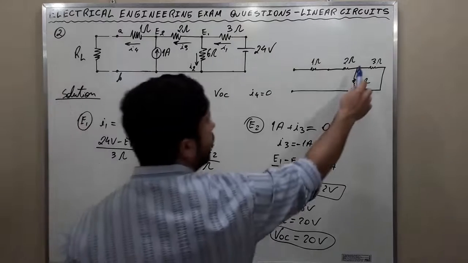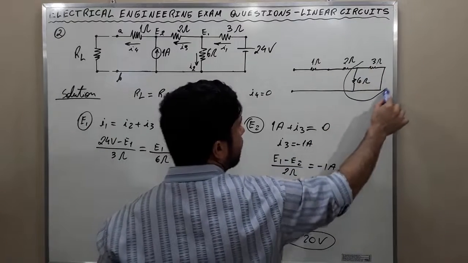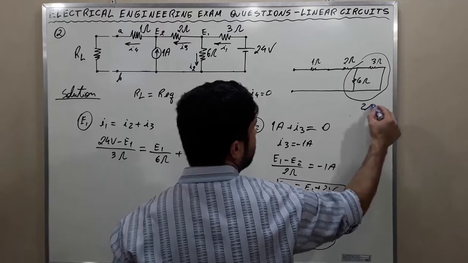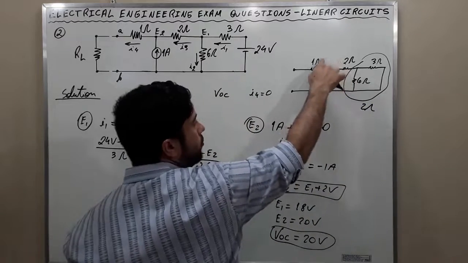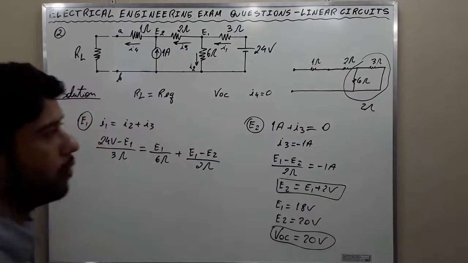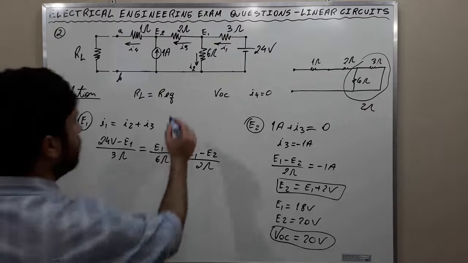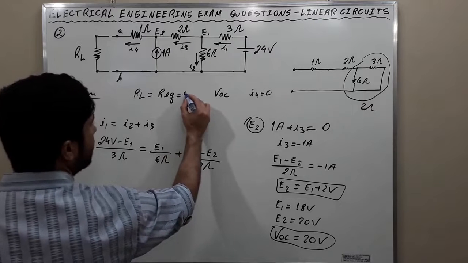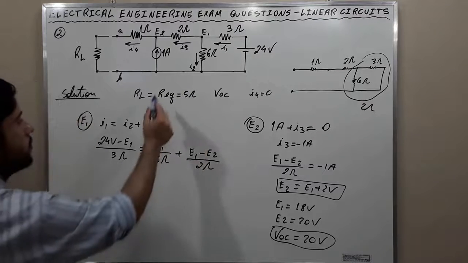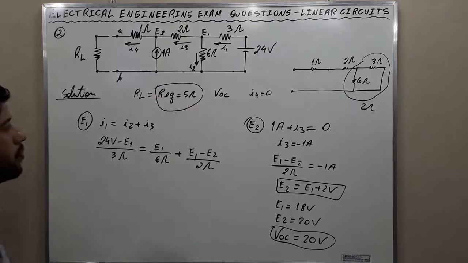We have 2 ohms here, 2 ohms here, in series with 2 ohms and 1 ohm, which is 5 ohms. Then this equivalent resistance here is 5 ohms. We've calculated the parameters of a Thevenin's equivalent circuit.